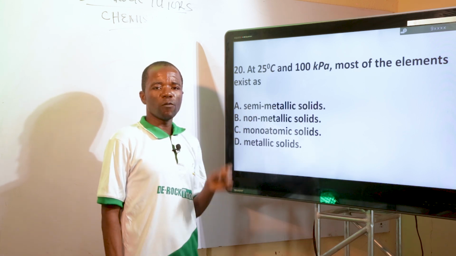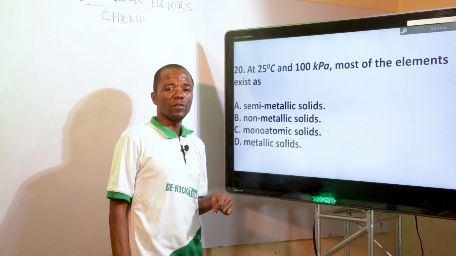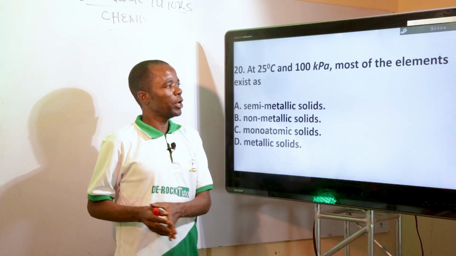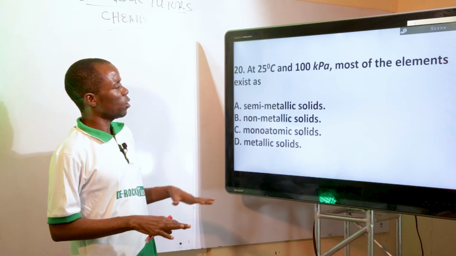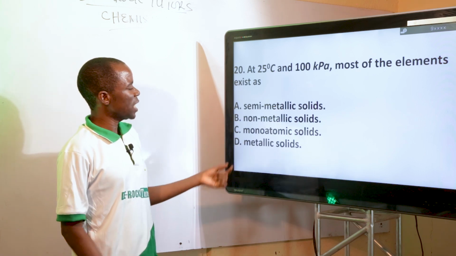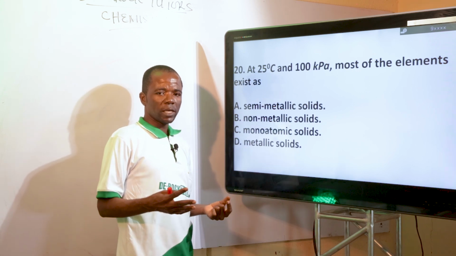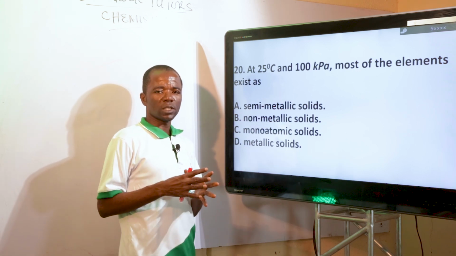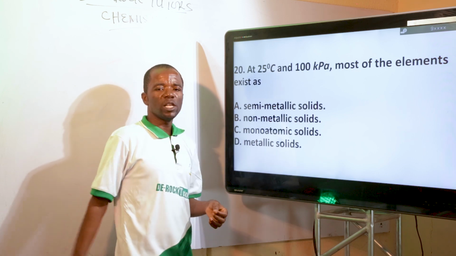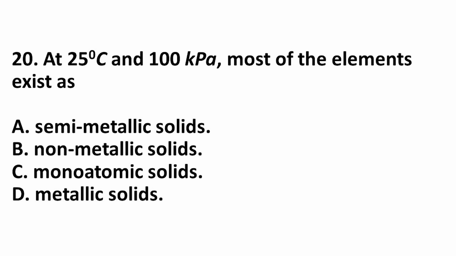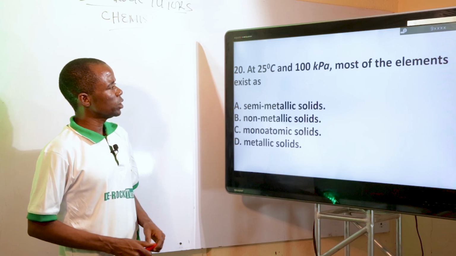A pressure of 1.01 times 10 to the power 5 Newton per meter squared or 100 kilopascal is called the standard pressure. So, at standard conditions, most of the elements actually exist as metallic solids. Out of the 118 elements in the periodic table, most of them are actually metals and they are in solid state. So the correct answer is metallic solids.